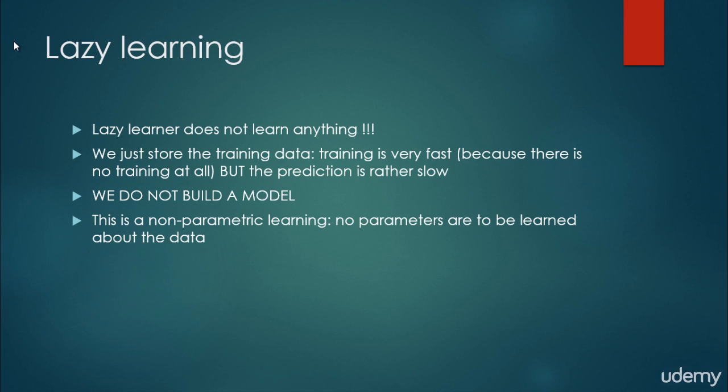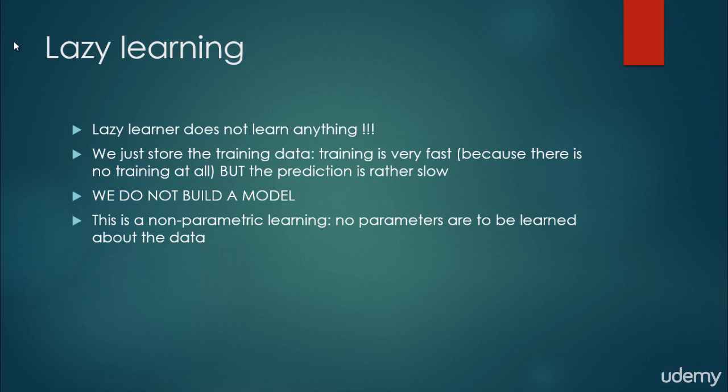So we do not build a model. As far as linear regression was concerned, we built a linear model. For logistic regression, for example, we use the sigmoid function. We have to find the parameters for the sigmoid function. If we want to make a clustering algorithm, the k-means clustering, we have to build a model according to which we are going to make predictions.